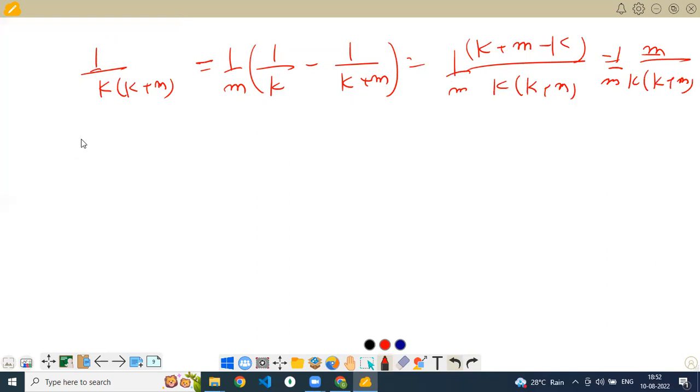So the last formula which is given here is 1 upon k, k plus 1, k plus 2. So what do you think? What can we do?